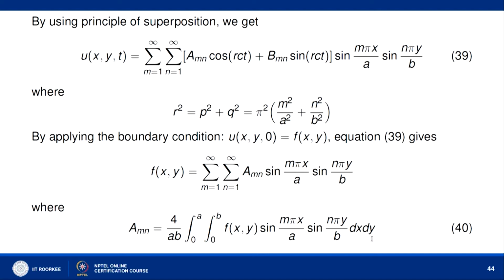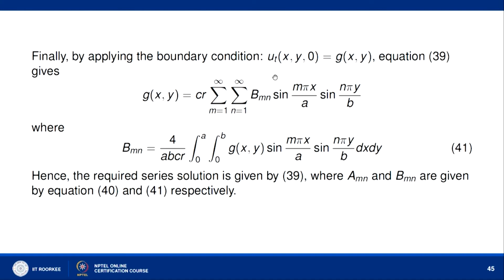Now to find b_mn you use the condition that u_t(x,y,0) equals g(x,y). Differentiating with respect to t and using that condition, we can write g(x,y) equal to c r times the sum over m equal to 1 to infinity, n equal to 1 to infinity of b_mn sin(m pi x/a) sin(n pi y/b).